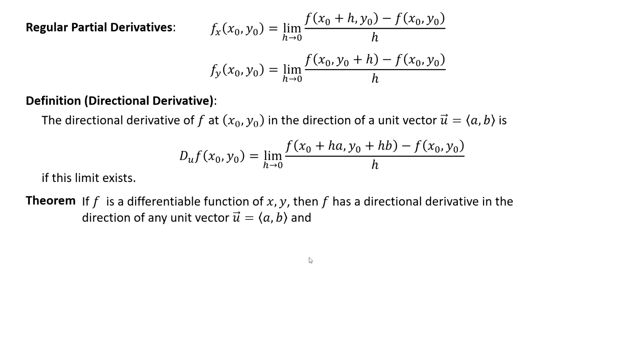If a function is differentiable, let's say the differentiability of the function has been established based on our partial derivatives f sub x and f sub y, then guess what? You can be guaranteed that the directional derivative in any direction will automatically exist. That's the key.